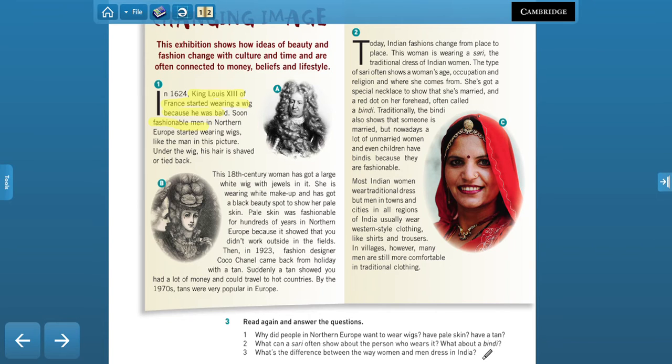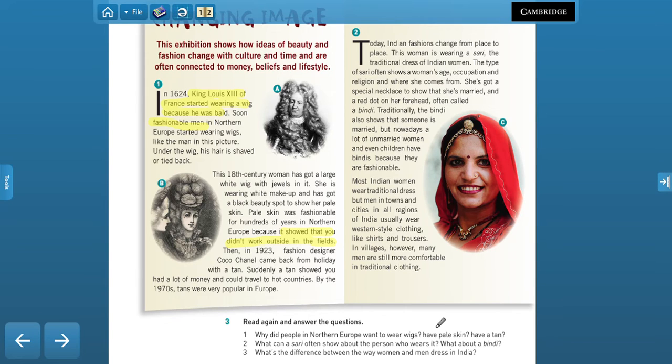Yes. What about pale skin? Pale skin, why is it popular? Well, here we have that it showed that you didn't work outside in the fields, right? You didn't have to work outside under the sun. So having pale skin was a signal that you had money, right? And that you didn't have to work outside.